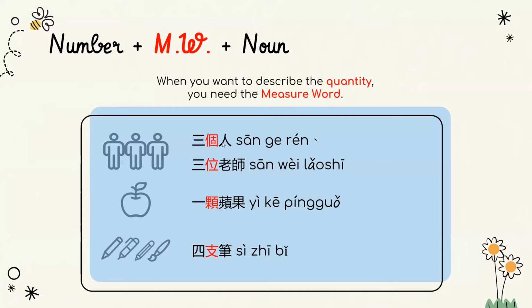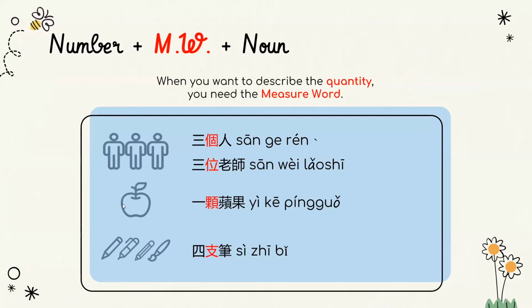So you can see that different nouns have different measure words. If you want to say an apple, 一颗苹果. 苹果 means apple, so one apple is 一颗苹果. 颗 is the measure word for apple.